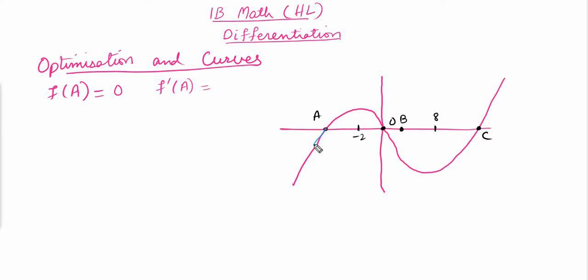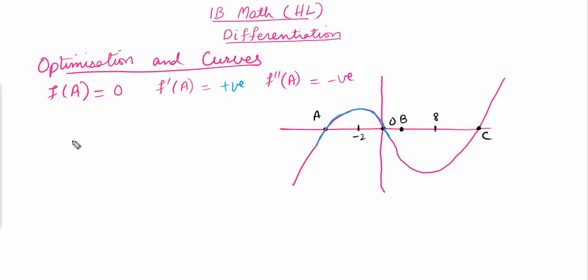Over here you can see the tangent is going up, so we'll get a positive answer. And at f double dash of a, because it is concave down, I'll get a negative answer. You see the trend over here, this curve is concave down like this. So we'll get a negative answer.